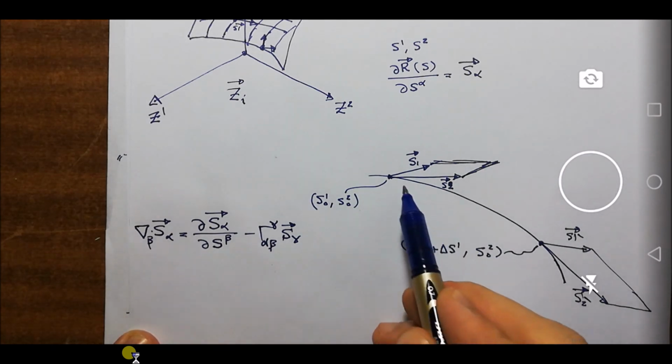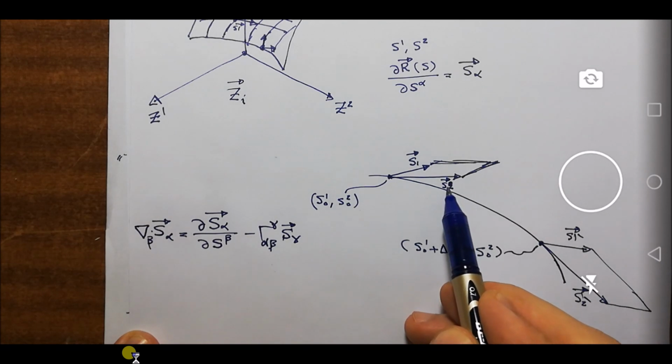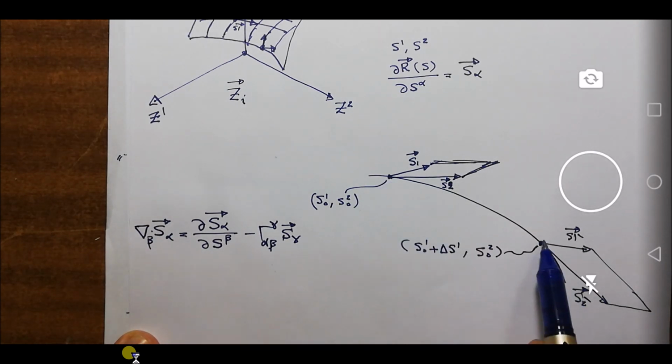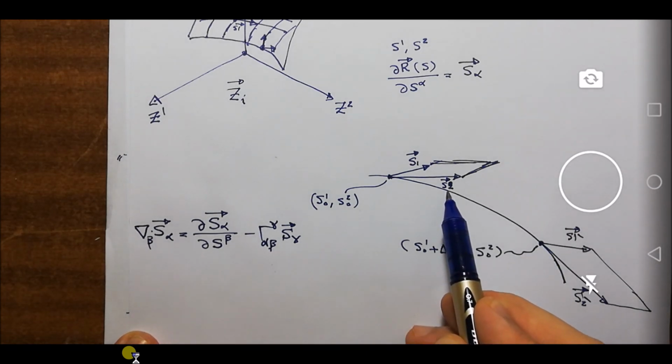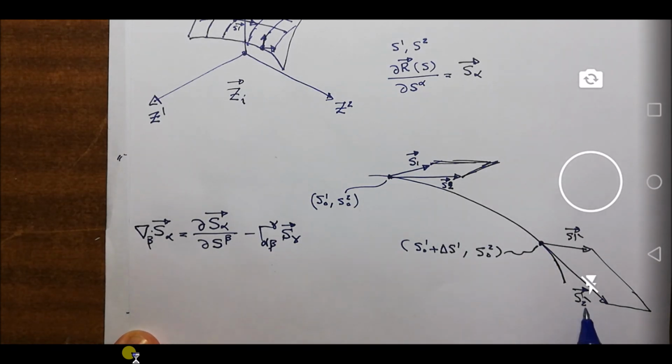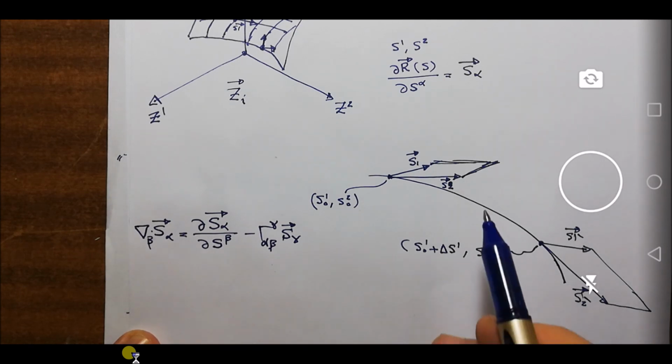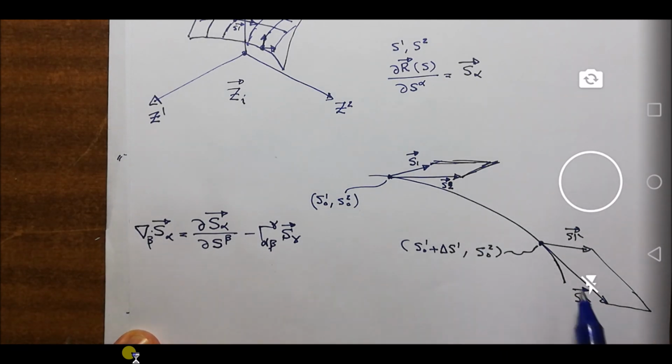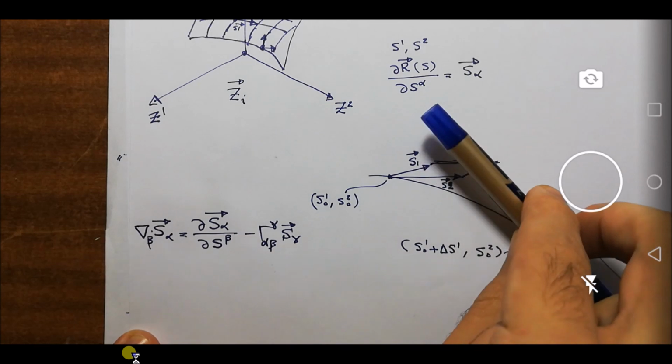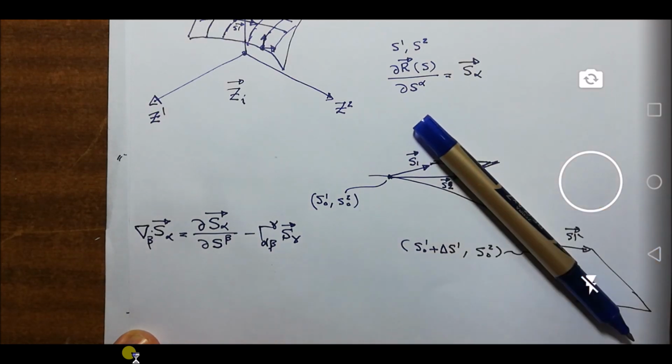So let's just focus on this one, S2, and see how it changed as we moved from this point to this point. So it was S2, and then it became S2 prime. Now the difference vector will be pointing from the head of this one to the head of this one. Okay? And let me just denote this difference vector by this pen. So this is actually this object, partial S alpha by partial S beta.